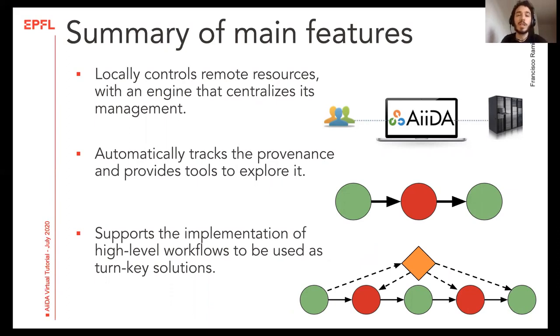We will see, or we have seen, how you can work in a way that the data provenance of your results is recorded and you have full traceability for your work. We will expand on this later. And finally, we have just seen how AiiDA also supports the implementation of high-level workflows and the design of turnkey solutions. So I hope you now have a more concrete idea of what AiiDA is and how it works in general.